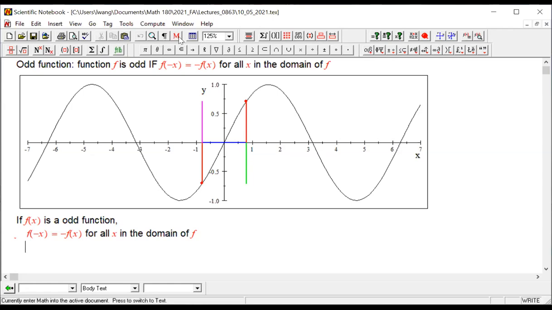The second form would be f of x equals negative f of negative x, and of course, for all x in the domain by definition. So this is another form. The third form, no, I think we just have these two.